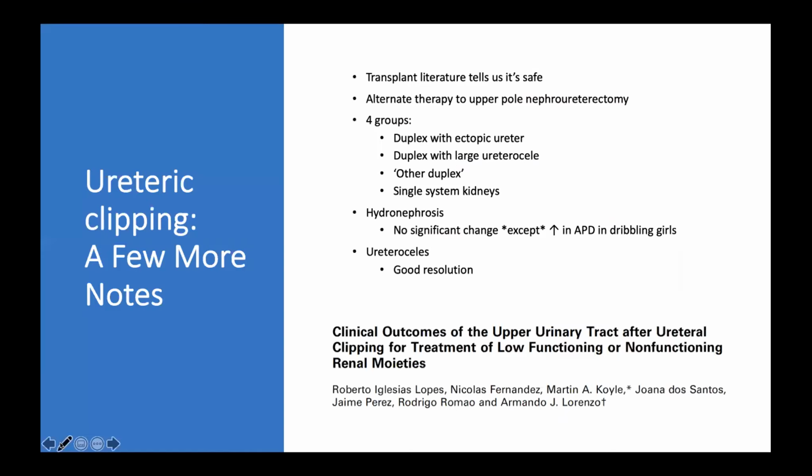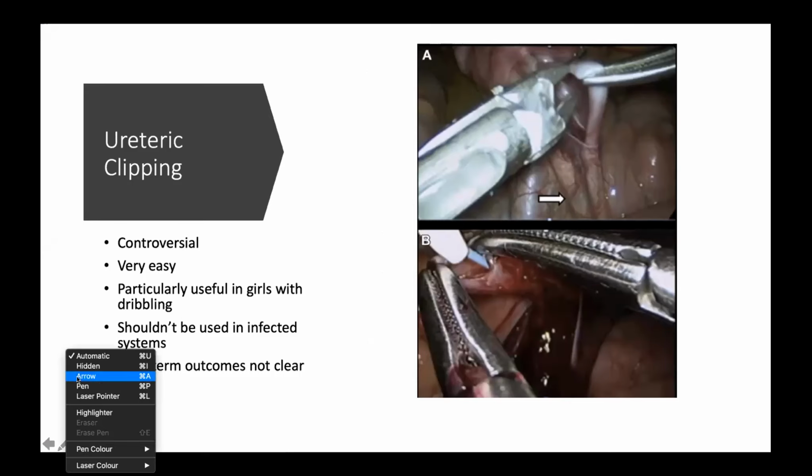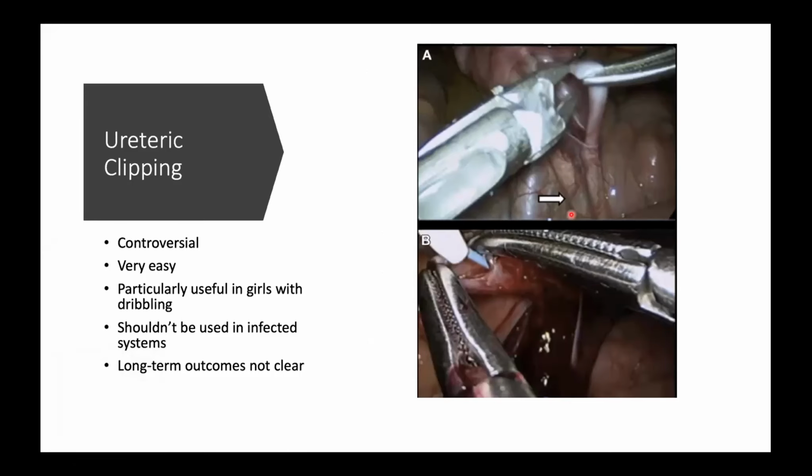Just to run through it, let me see if I can go back. In Toronto, this is usually done as a laparoscopic procedure, but can be done open as well. They first do a cystoscopy, and once again put in a stent. Sorry, let me put my laser back on. You can see the green of the stent here in the lower pole orthotopic ureter.